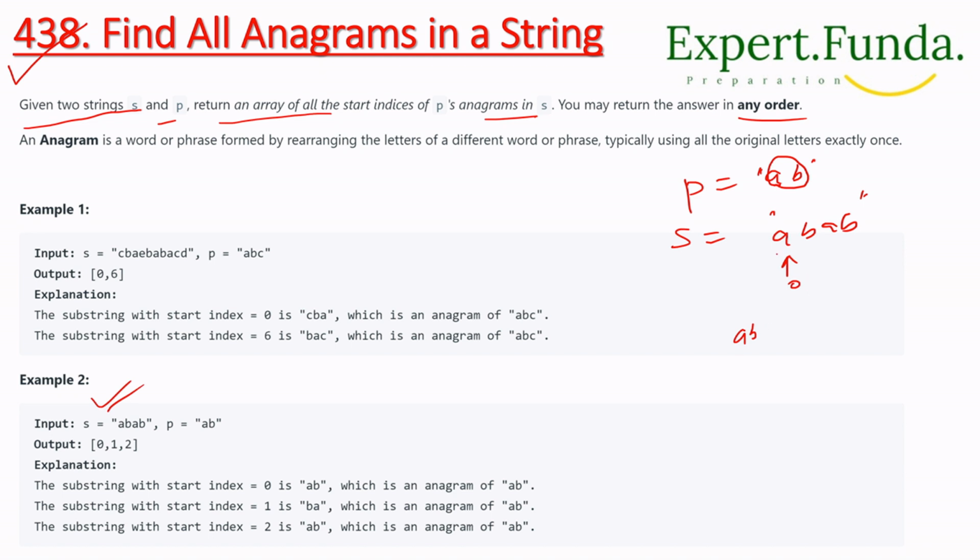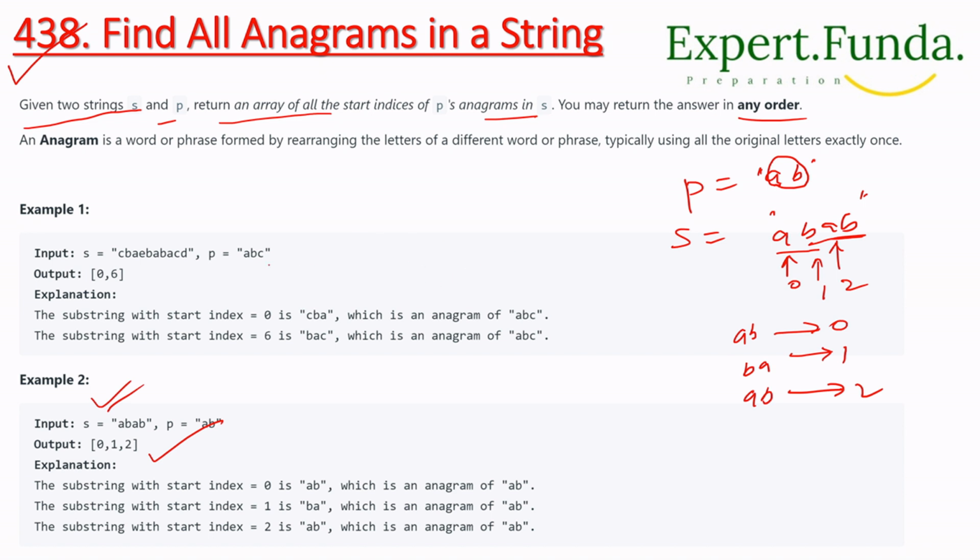Next I check from index 1, and we have ba, which is also an anagram. If I go to the next position, index 2, we have ab also. So at index 0, index 1, and index 2 we are getting anagrams, and that's why the output is 0, 1, 2.